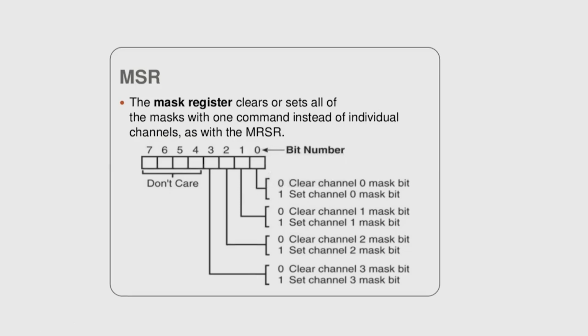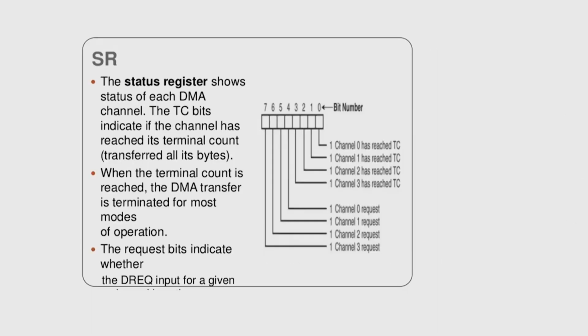This is the mask register. We have 0 for clearing channel 0, 1 for enabling or setting channel 0, similarly for channel 1, channel 2, channel 3, the remaining are all don't cares. This is the status register. After loading the starting address of the memory and the number of bytes to be transferred, after each byte transfer the count will be decremented by 1.